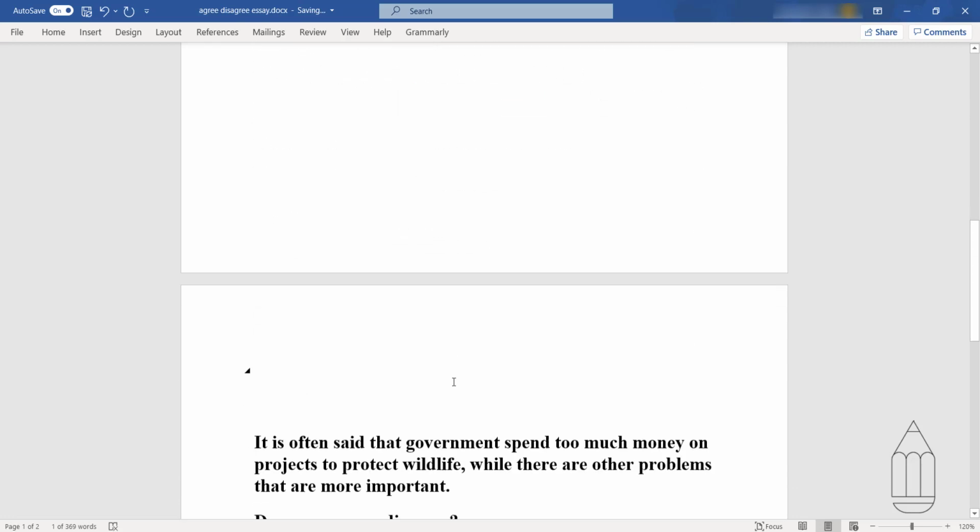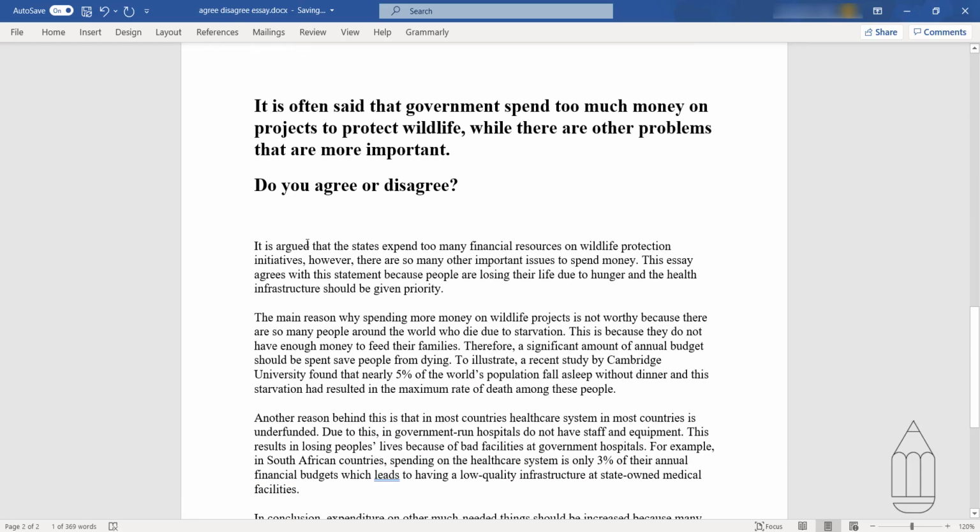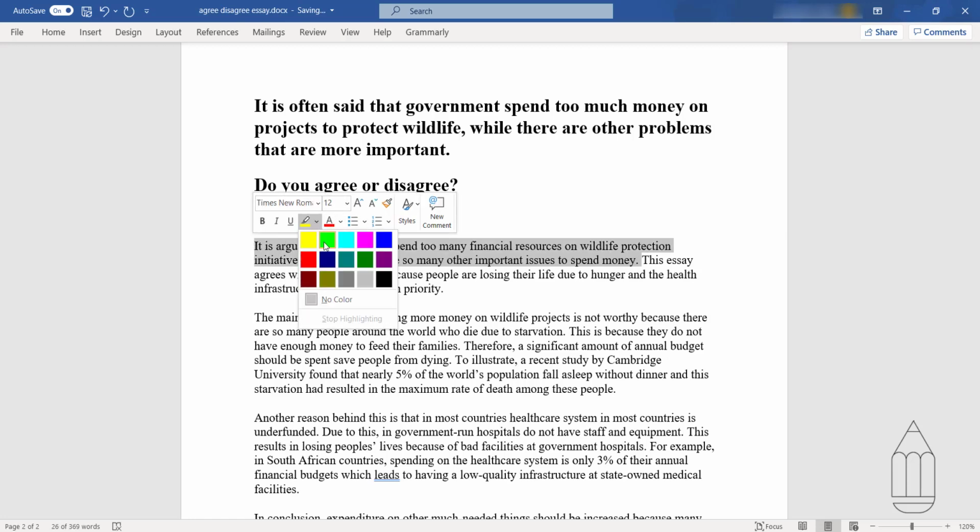So now look at the example. I'm going to start with this very first line. It is argued that the state, I have changed it to government to states. So this is the paraphrased sentence. Okay, just mark it here, this color there.